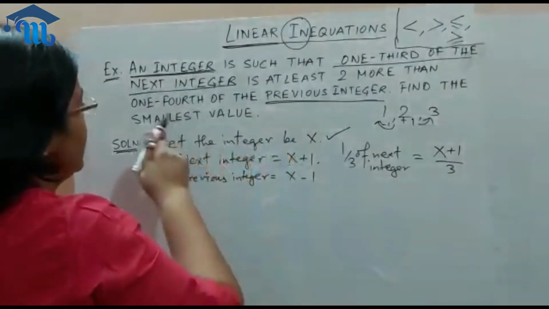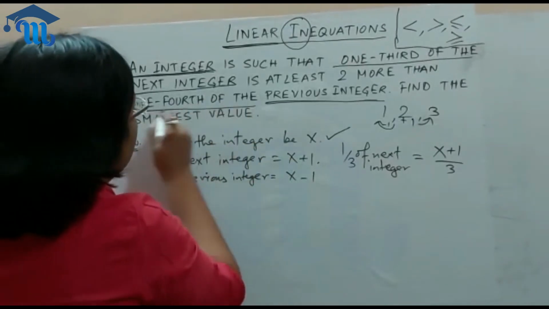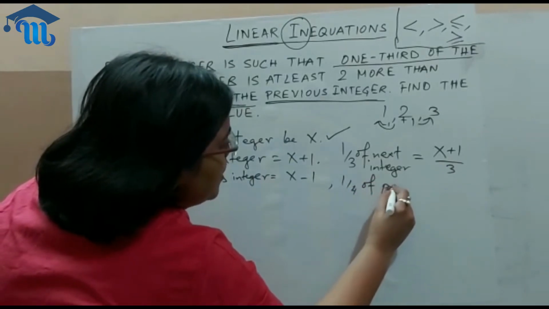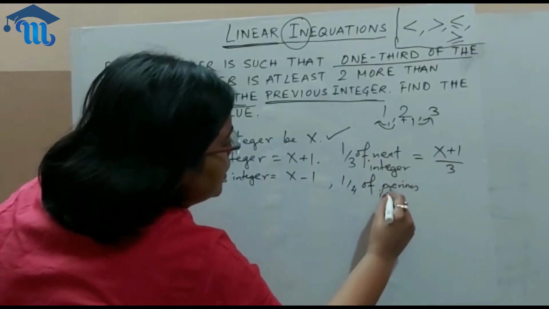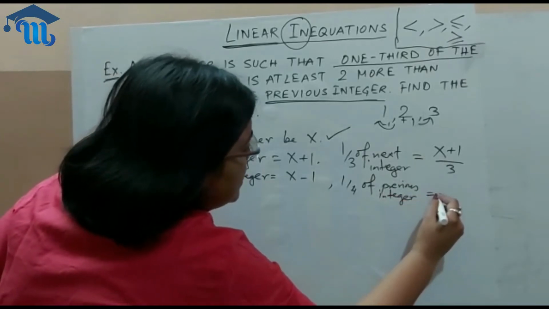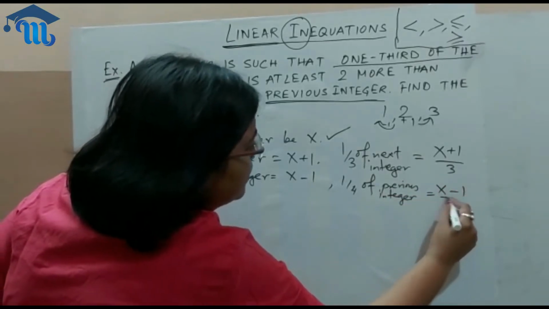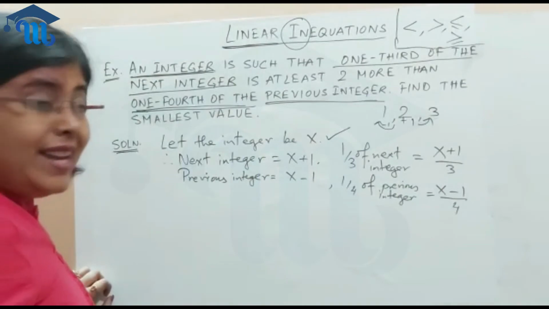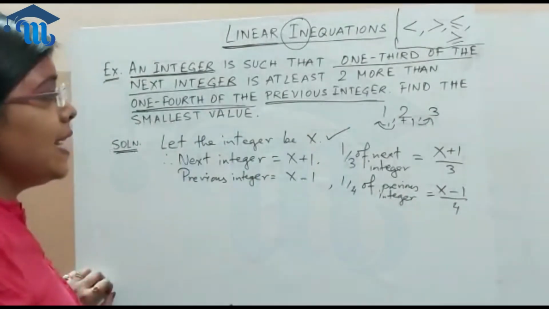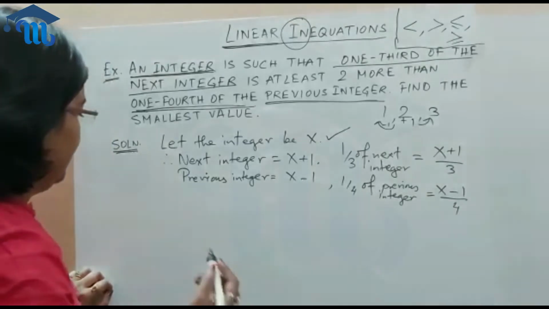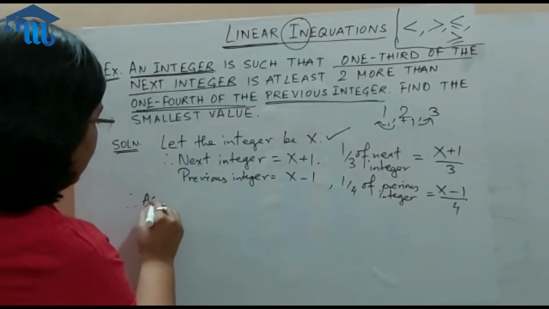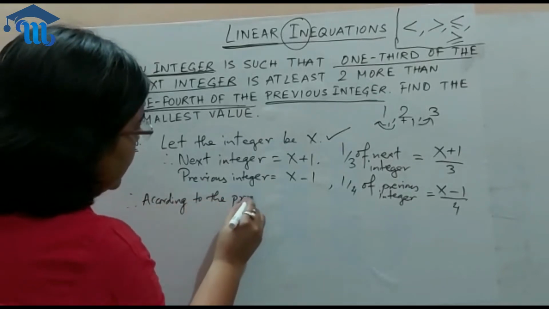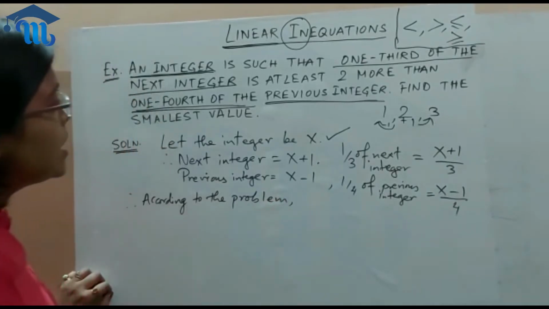And it is also said that 1/4 of the previous integer. Now let's try to incorporate that. 1/4 of the previous integer, which means (x minus 1) by 4. Now let's try to determine what the inequation is going to look like. Therefore, according to the problem, as we always write in a linear equation as well, we do very similar to that.